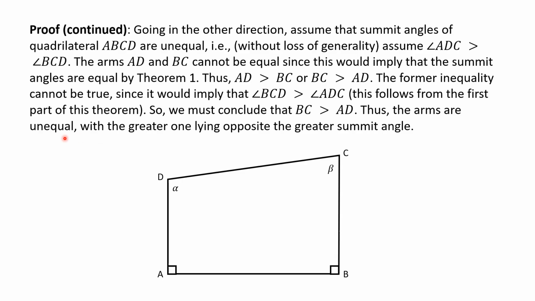Thus, when the arms are unequal, the greater one lies opposite the greater summit angle. In other words, the greater angle is opposite the larger side, and of course the smaller angle is opposite the smaller arm, which is what we wanted to prove. Okay, so that's it for this lesson.